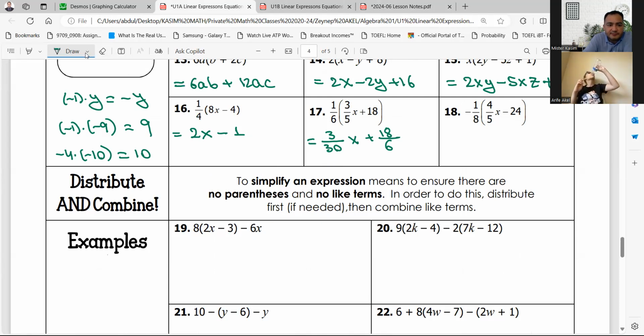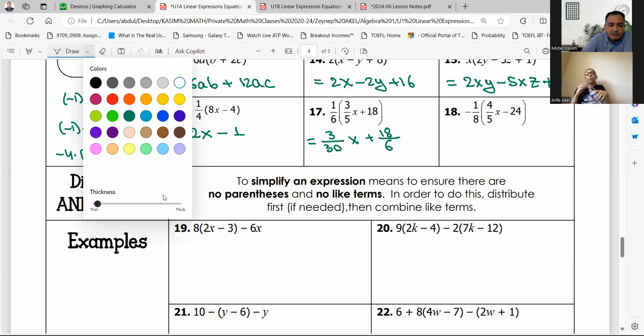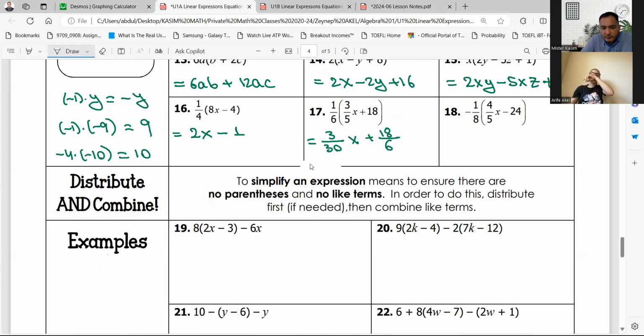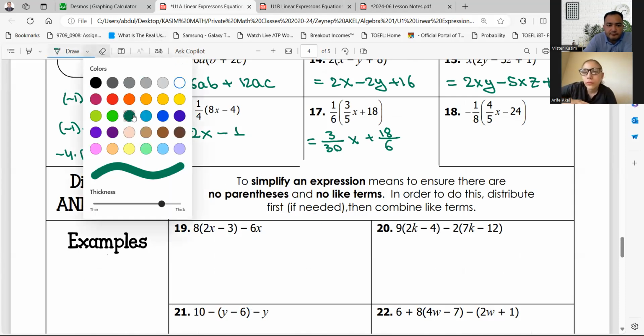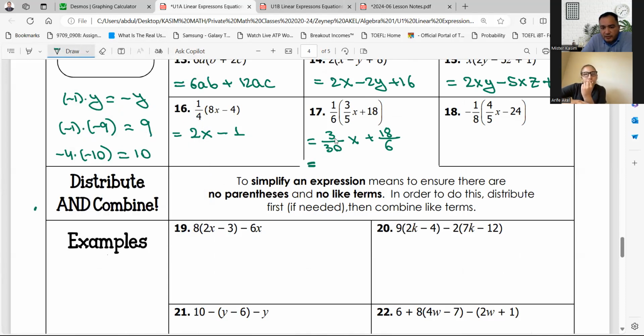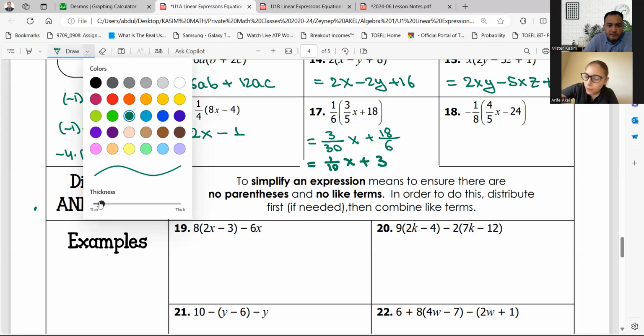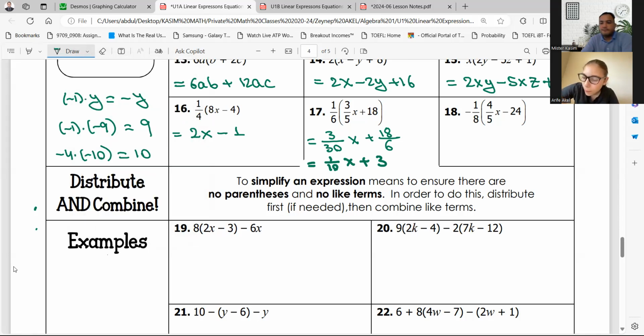Let me just erase here. Okay, so that's equal to 1 over 10x, and 18 divided by 6 is equal to 3. Now, Zainab, can you try 18 in your notebook?